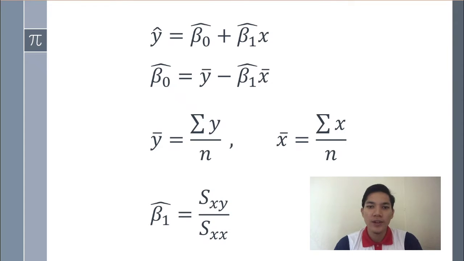The values of b naught hat and b1 hat are stated in my slide. b naught hat equals y bar minus b1 hat x bar. Y bar and x bar mean the mean of the y values and x values: y bar is the sum of y over n, and x bar is the sum of x over n.